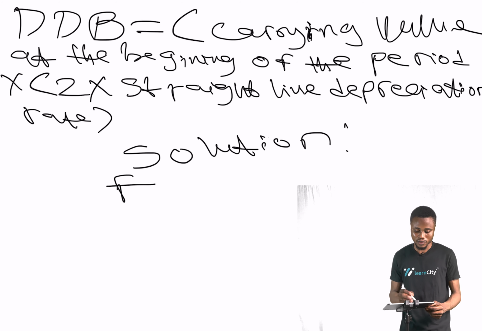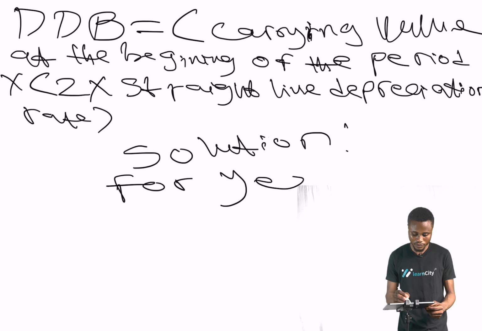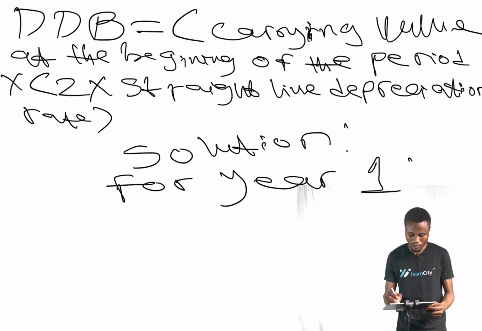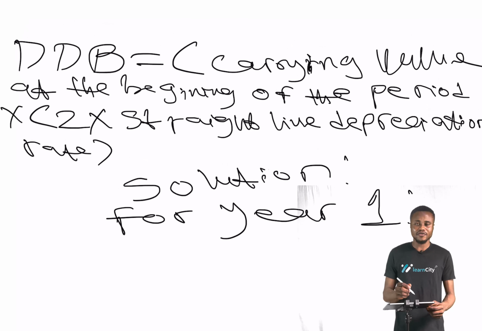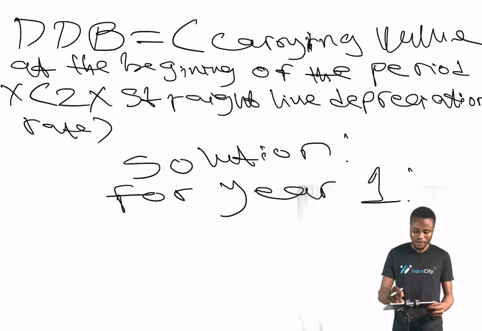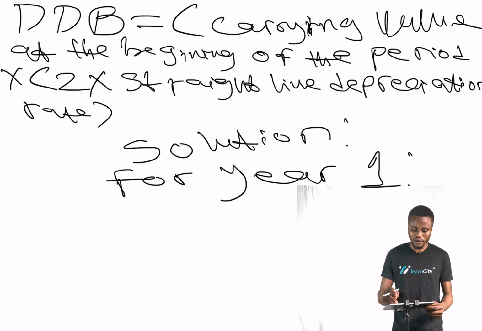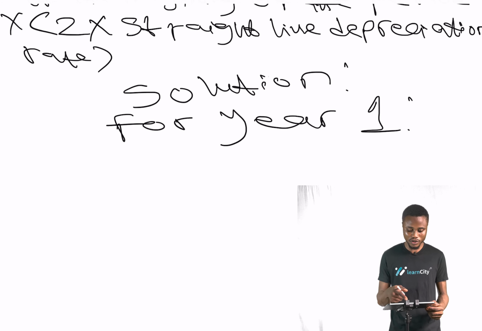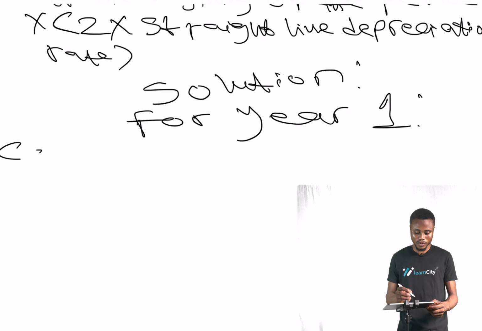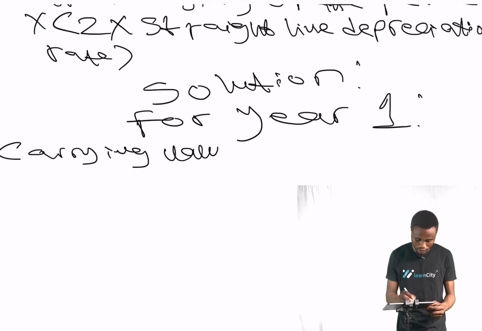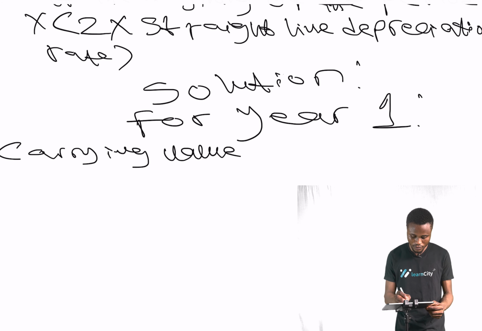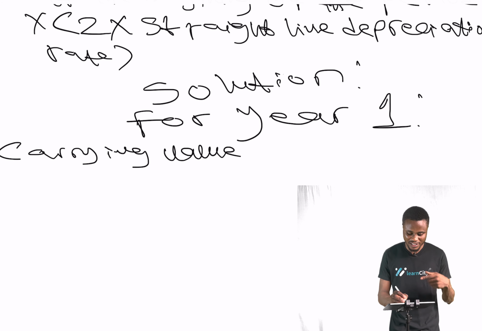Now, the solution for year one. Sorry for my handwriting. According to this formula, it is the carrying value at the beginning of the period multiplied by 2 multiplied by the straight line depreciation rate. So it will be the carrying value at year one.